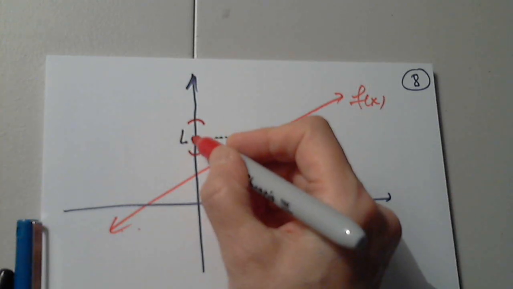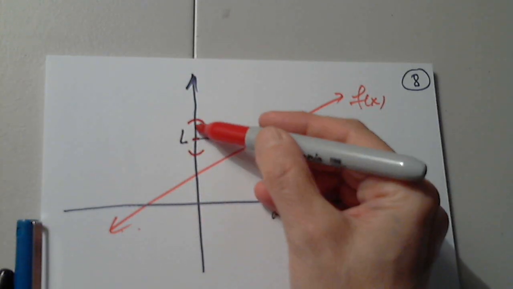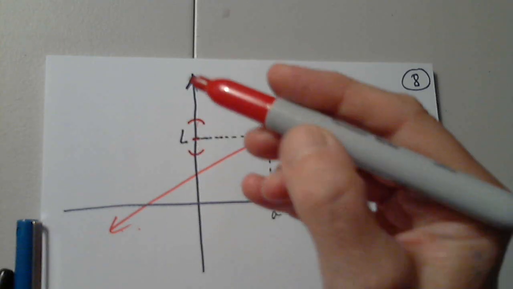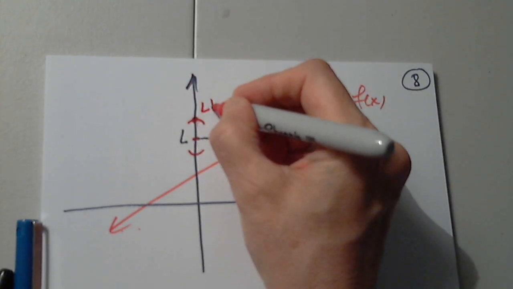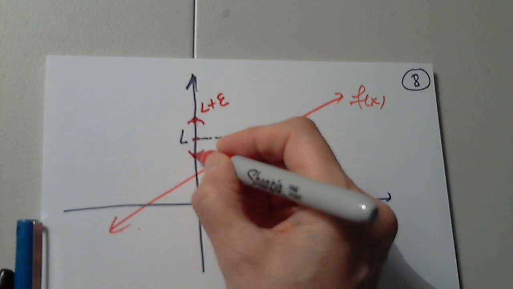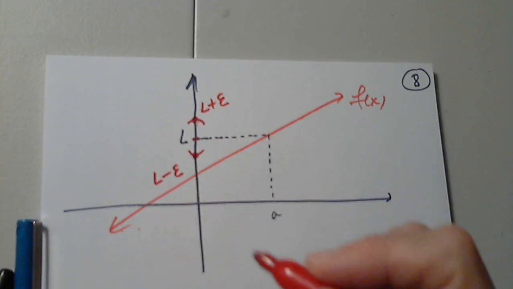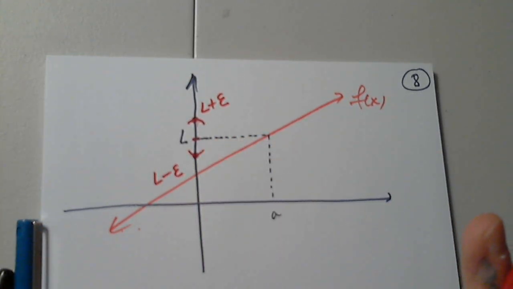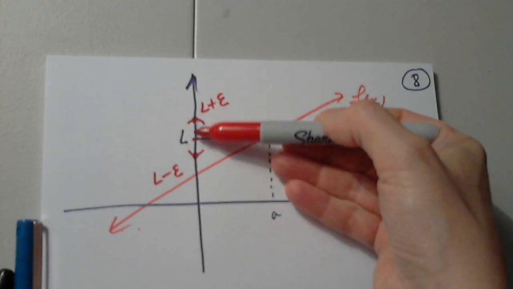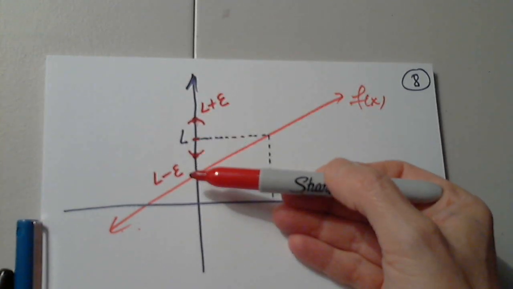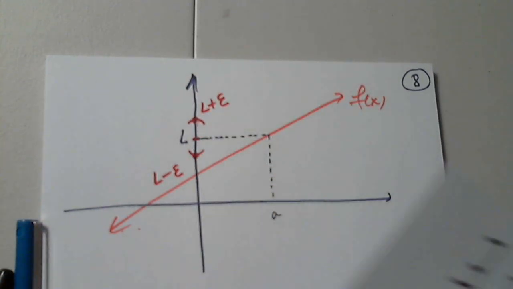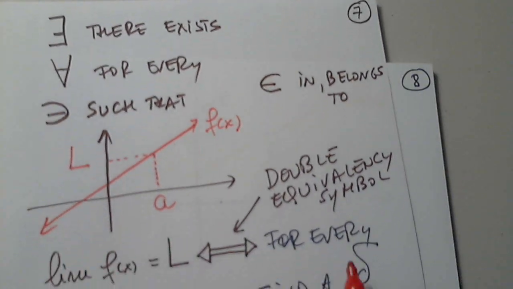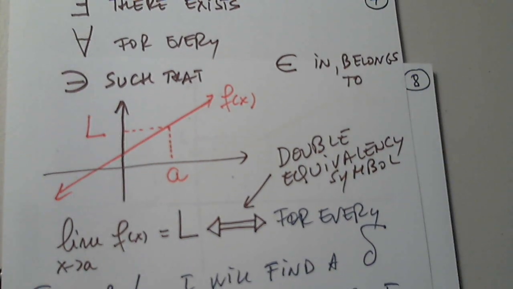So this is the limit right here, and this is epsilon. So this point up here is L plus epsilon. This point down here is L minus epsilon. It's a symmetric interval, L plus epsilon, L minus epsilon. So I repeat, for every epsilon positive near L.